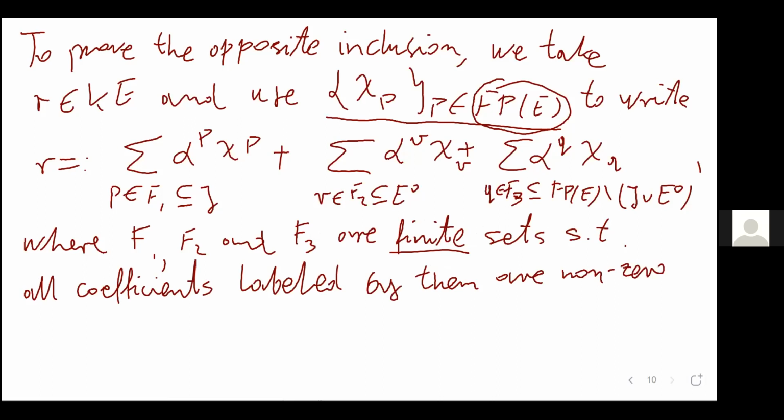Right, because if some of these coefficients are 0, why bother? We can just keep it from the sum. So we can just assume that we have these finite subsets F1, F2, and F3, each of them belonging into a different disjoint part of FPE. And we take only such elements in these 3 subsets, so that the coefficients that I need to use in my finite linear combination presenting R are non-zero. Okay.